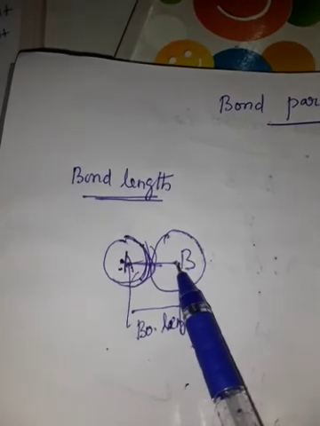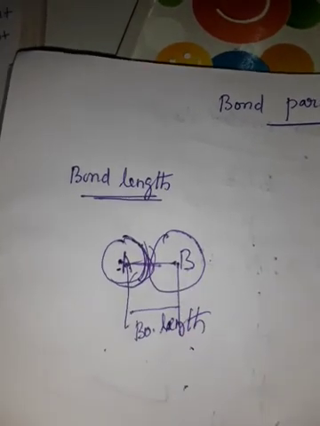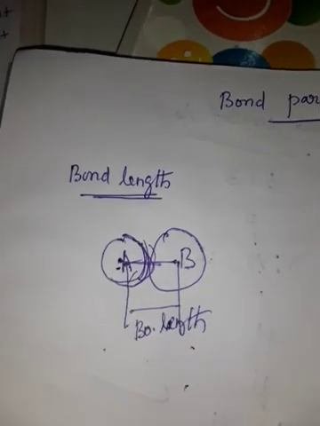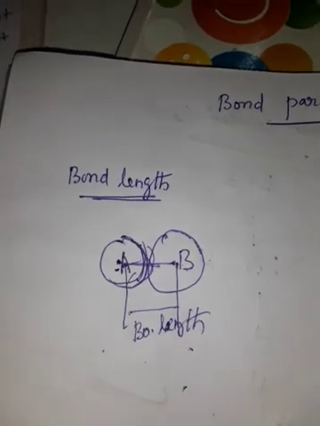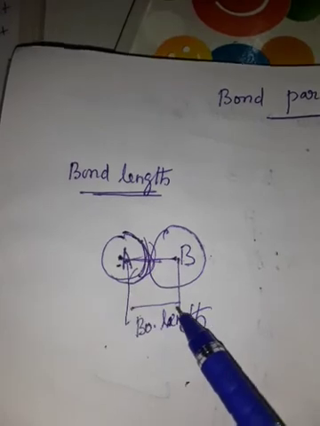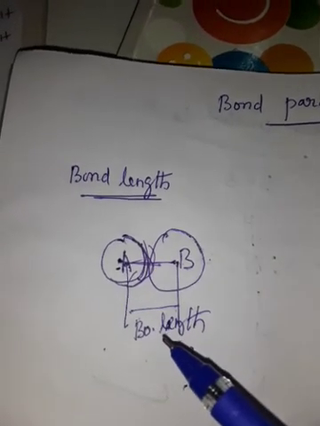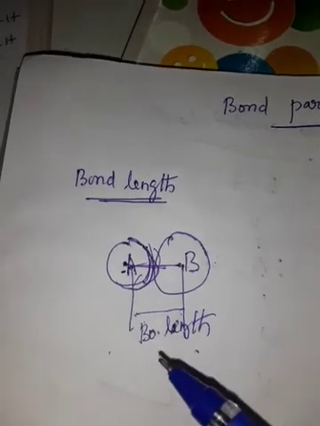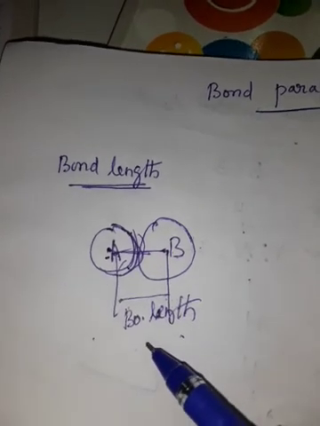This length of the bond can be determined by using spectroscopic studies, X-ray diffraction, and electron diffraction techniques. The bond length depends upon the size of the atom and the number of bonds between the combining atoms.